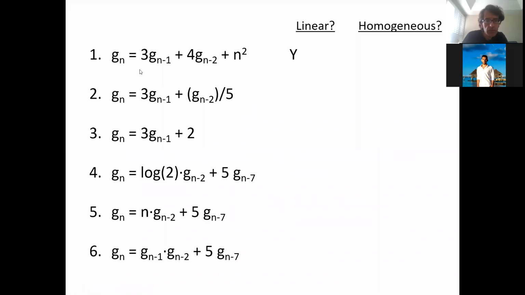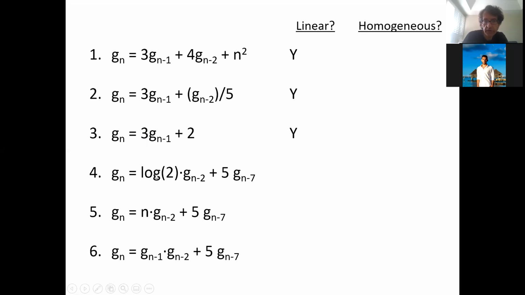Okay. So how about this list? Let's look at linearity first. It's linear because 3 and 4 are constants. What about the next one? Linear, 3, and what's the constant here? It's 1/5, right? Here, the constant is 3.